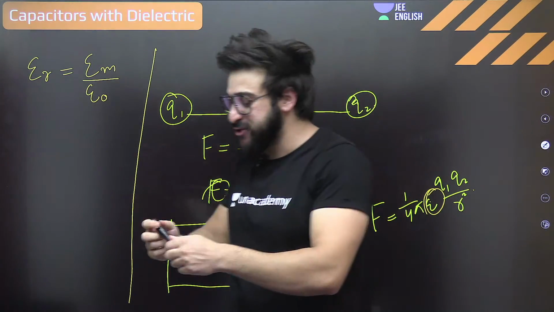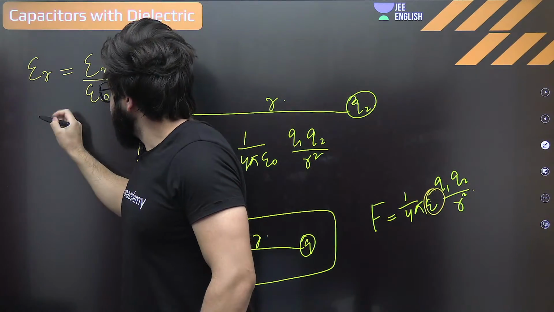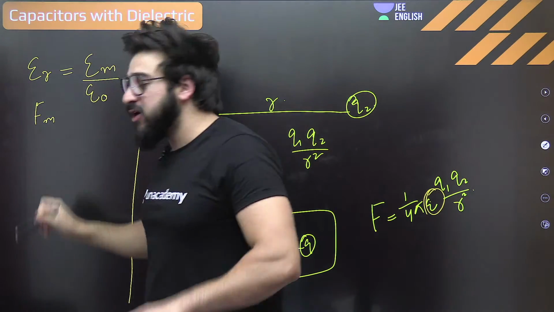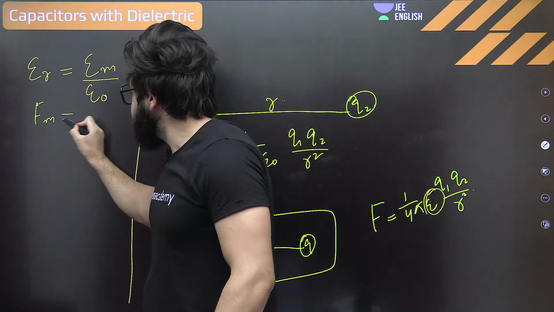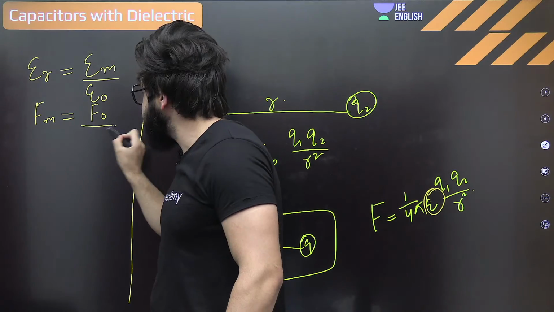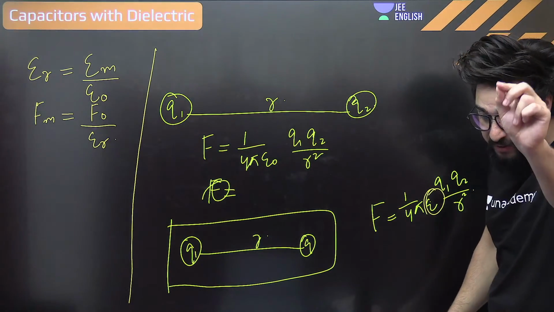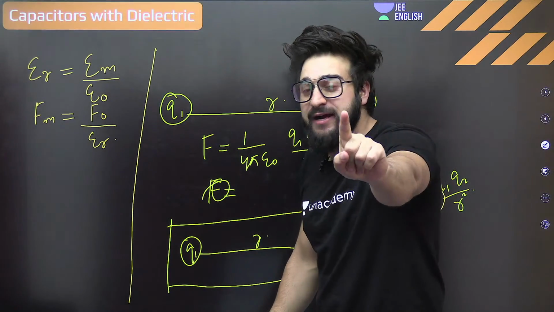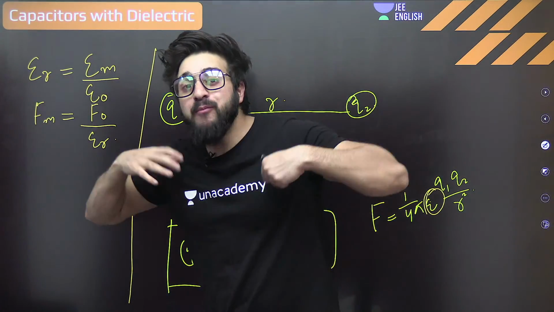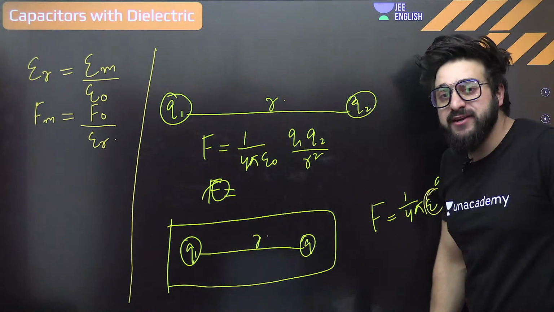Or we define it like this also, that is the force in any medium. If you want to check the force in any medium, you say basically force in free space upon the relative permittivity. Understand? Listen to me very carefully. This is one of the important points that I'm telling you right now. If I ask you how much is the force over here, you'll check.